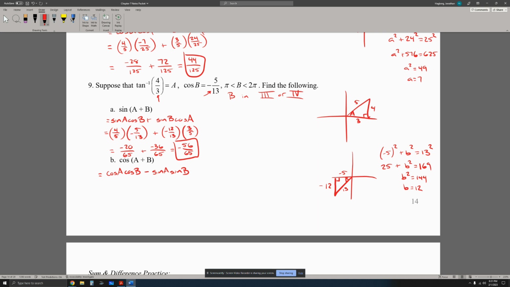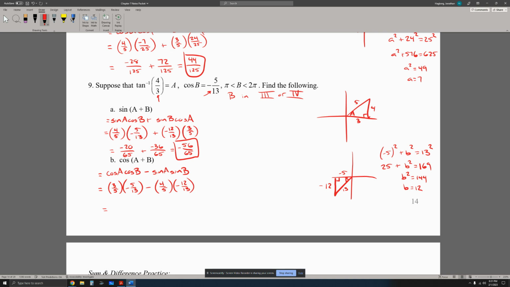So this is equal to, well, cosine of A is the 3/5. Cosine of B is negative 5/13. Minus sine A is 4/5. And sine B is negative 12/13.